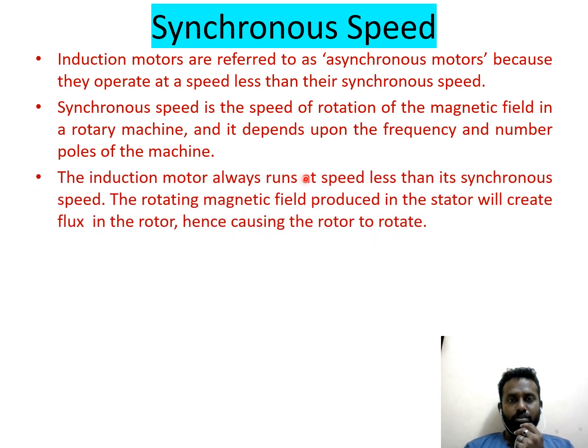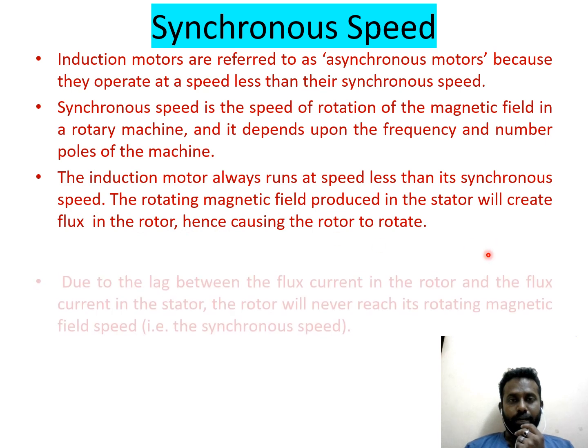The induction motor always runs at speeds less than synchronous speed. The rotating magnetic field produced in the stator will create flux in the rotor, hence causing the rotor to rotate.